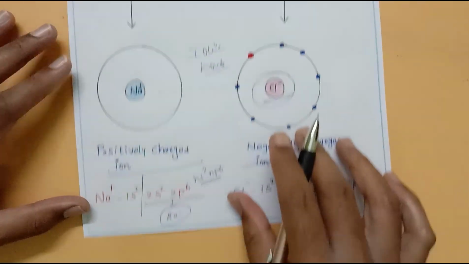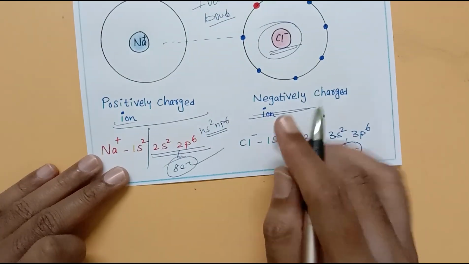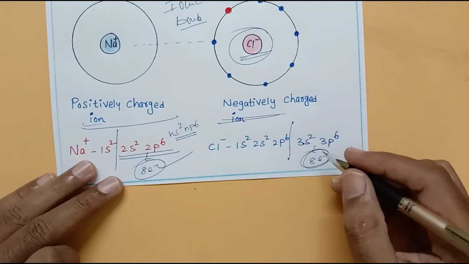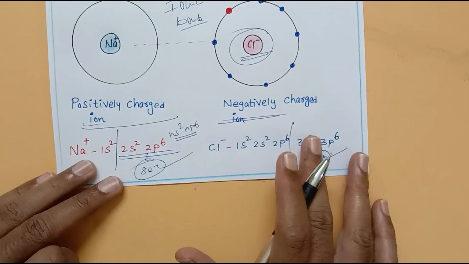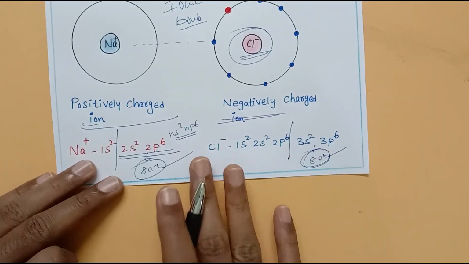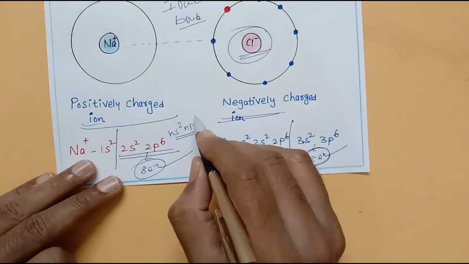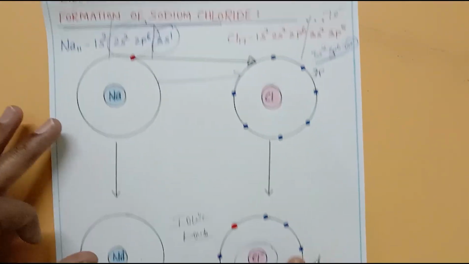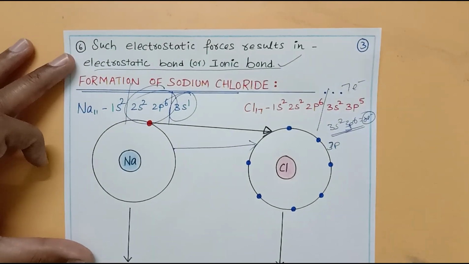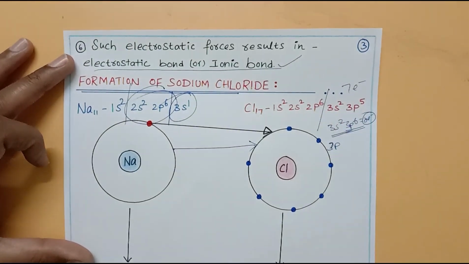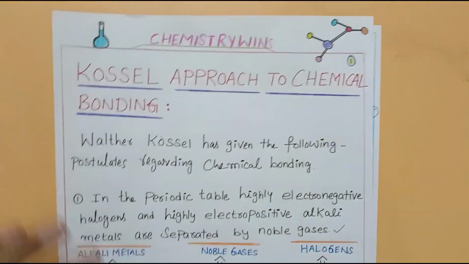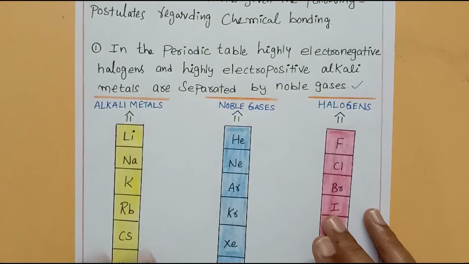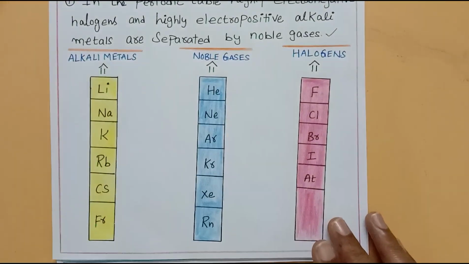Both sodium and chlorine now have 8 electrons in the valence shell, so they attain stability, having achieved the inert noble gas configuration ns2 np6. That is the formation of sodium chloride, which is easily explained by the Kossel-Lewis approach of chemical bonding, a very fundamental topic in understanding chemical bonding.